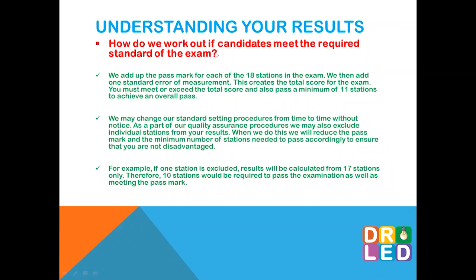This creates the total score for the exam. You must meet or exceed the total score and also pass a minimum of 11 stations to achieve an overall pass. So you need to pass both things. One of them is the total score of the exam. You need to pass it to pass the exam, in addition to passing a minimum of 11 stations to achieve an overall pass.